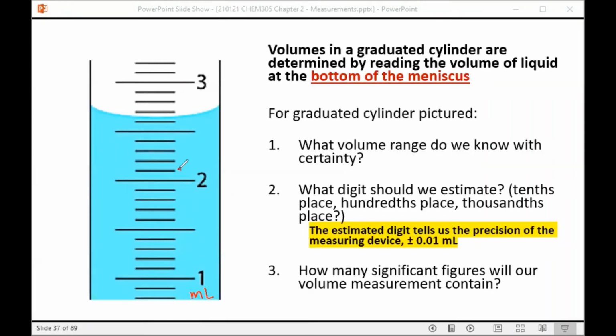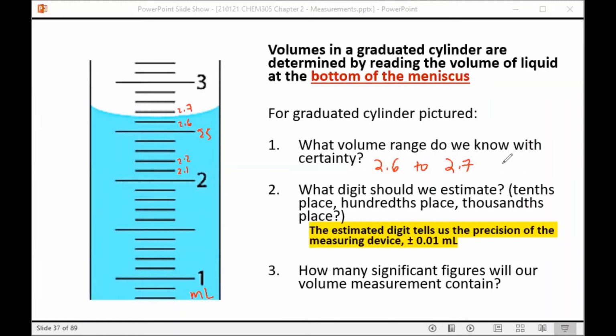So this would be 2.1, 2.2, etc., up to 2.5, 2.6, 2.7, 2.8, 2.9, and 3. So we know with certainty that the bottom of our meniscus is between 2.6 and 2.7, because that's based on the markings that we can see.